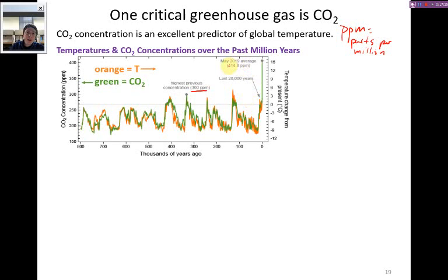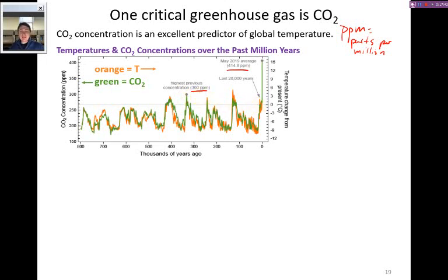Now, if we take a look at the average carbon dioxide levels about a year and a half ago, that is at about 415 parts per million. So it has skyrocketed relative to even the highest concentration in previous years.